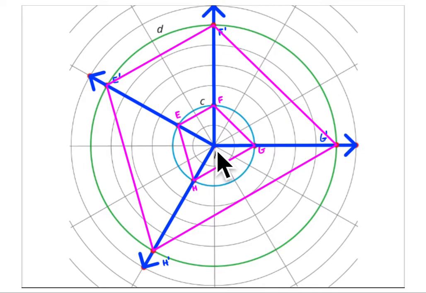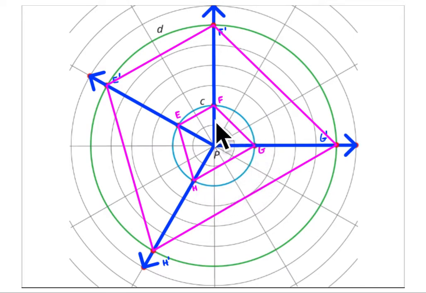So it says, what's the distance from P and the point on the smaller circle and then what's the distance from P and that same point on the larger circle? Well, the distance from P for each of these points are 2 units. 1 unit, 2 units. So E is 2 units away, F is 2 units, G is 2 units, and H is 2 units.